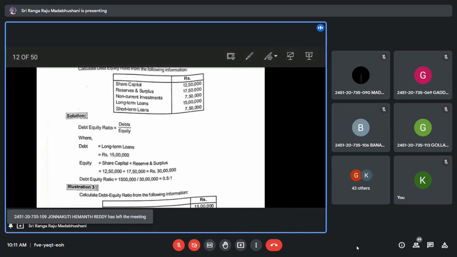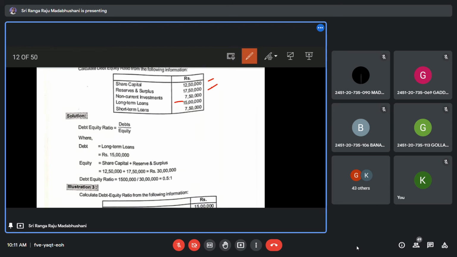Okay, here share capital is owners' equity, then reserves and surplus is owners' equity. Non-current investment is given. Then a long-term loan is given, so only one long-term loan.